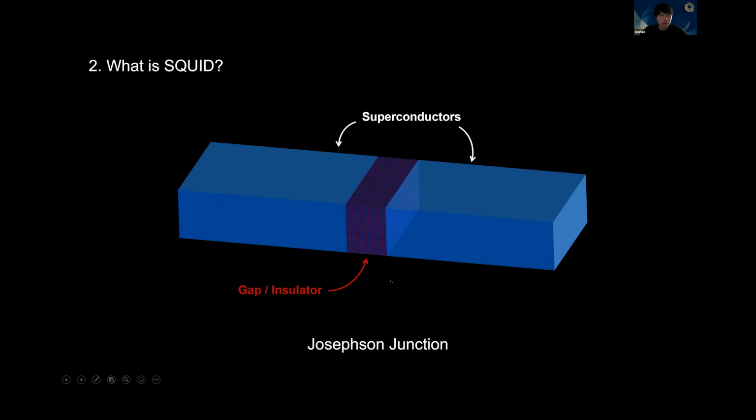The Cooper pairs, which are the charge carriers in superconductors, can go through quantum tunneling when they go through this junction, and they obey certain equations called the Josephson equations. And this has very interesting properties.